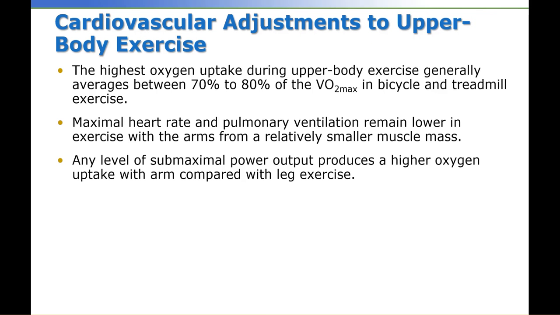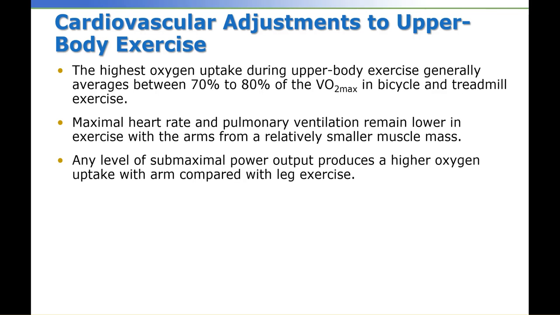Cardiovascular adjustments to upper body exercise. The highest oxygen uptake during upper body exercise generally averages between 70 to 80% of VO2 max on the bicycle and treadmill exercise. Maximal heart rate and pulmonary ventilation remain lower on exercise with the arms from a relatively smaller muscle mass.